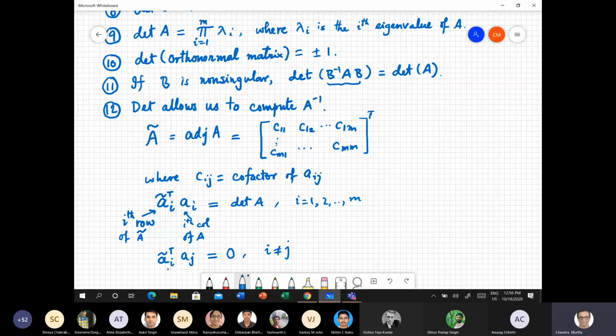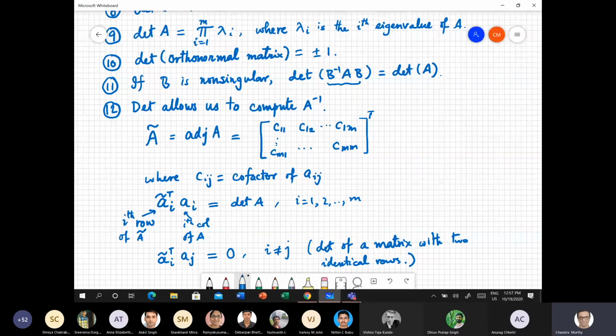If you think about it, this A i tilde transpose A j is actually the determinant of a matrix where you have replaced the ith row of A with A j transpose. So this is the determinant of a matrix whose two rows are identical. So this determinant has to be 0.